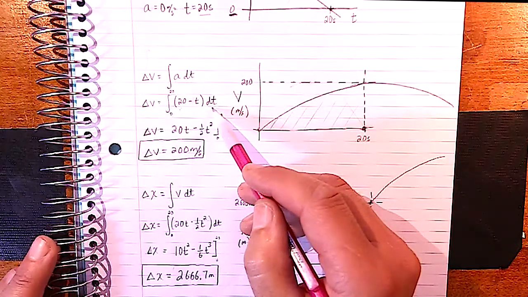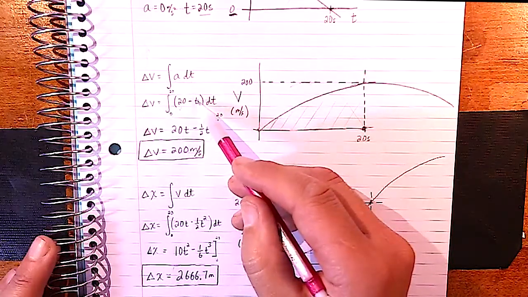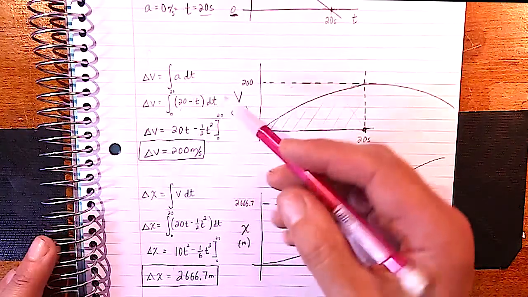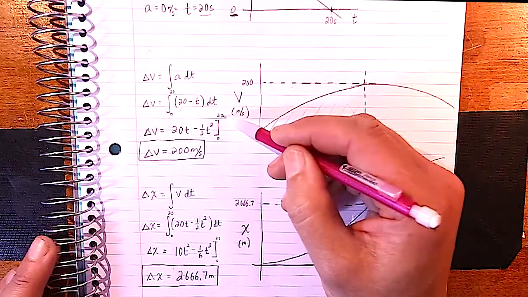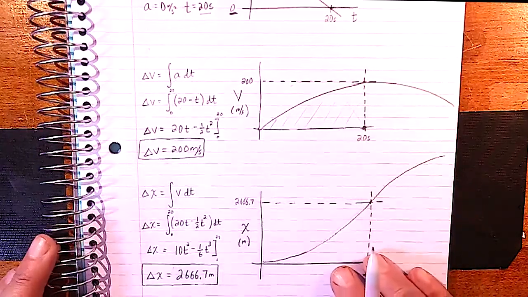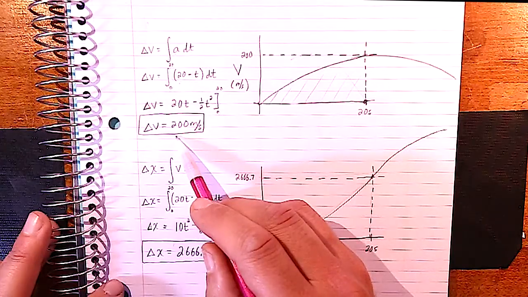So we integrate. The integral of 20 with respect to time is 20t. And here we add 1 and divide by the new exponent, so that's 1/2 t squared. So I put in 0 and 20 for our times to find the change in velocity, and that change in velocity is 200 meters per second.